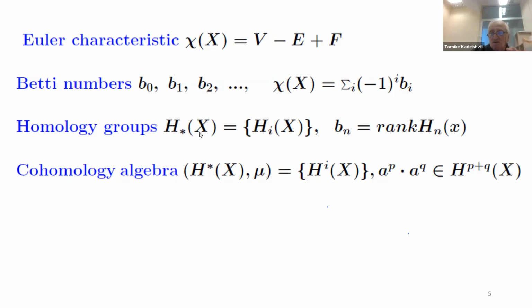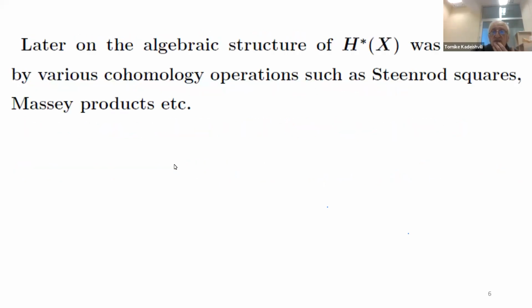Next, in the 30s of the 20th century, came cohomology, an algebra together with multiplication. So it is a more complicated object: not just an abelian group, but a ring. That is why each next model carries more and more information and can distinguish more and more spaces.